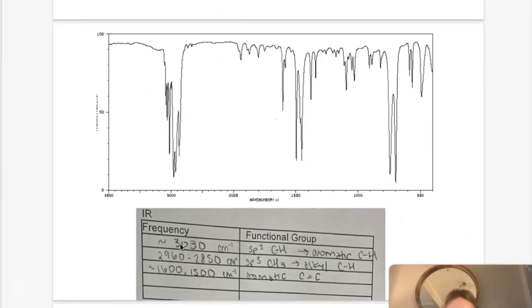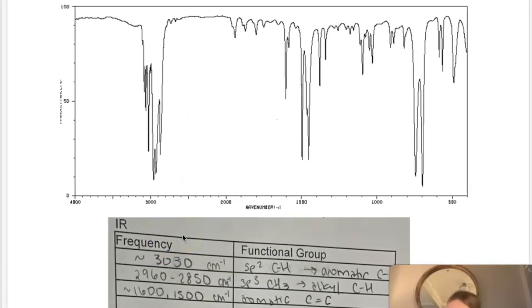And then our first spectra was the IR spectra, and starting off with the first group, I want to look at 3030, which is right here, and this signals that we have some sp2 CHs, which I deduced would be sp2 CH aromatic CHs.